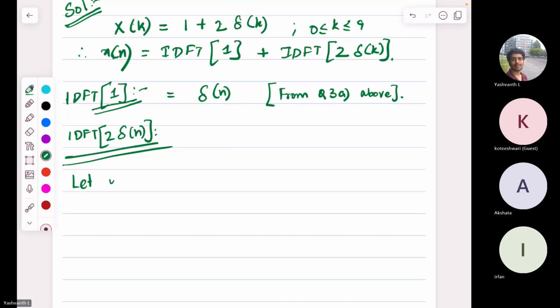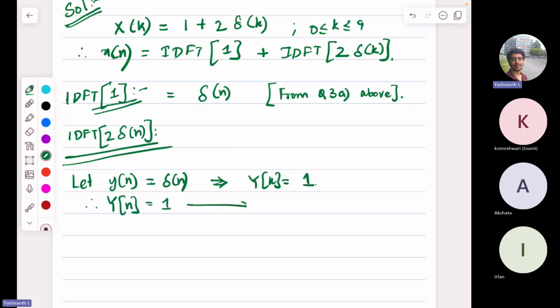Let y of n be equal to delta of n. Then we showed that y of k was equal to 1. That is what we showed. Therefore, if y of n is equal to 1, what DFT will it have?